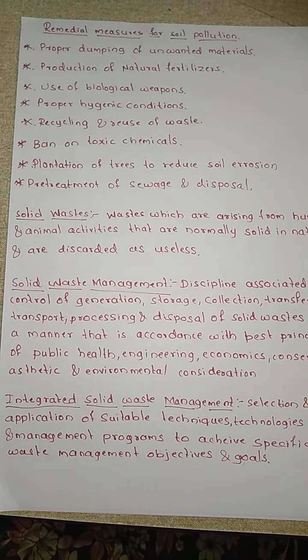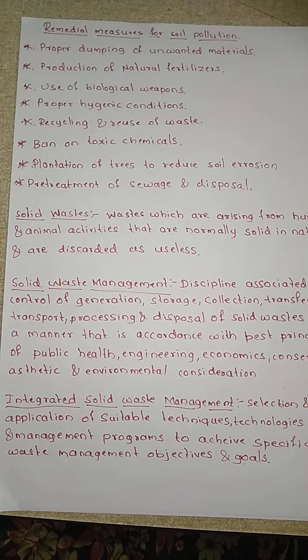So that is one important aspect by which we can reduce surface water pollution, groundwater pollution, bird menace. For all these problems, one particular solution is the proper dumping of unwanted materials into the designated places.